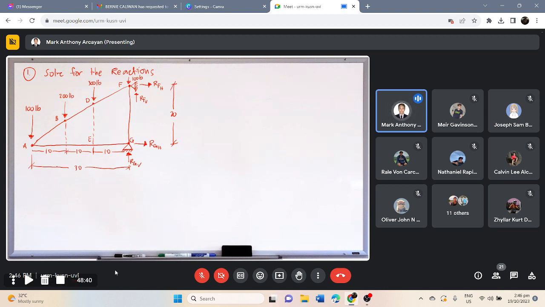We are going to use the three equilibrium equations, no? Summation of forces vertical, summation of forces horizontal, and summation of moment. First, summation of forces vertical is equal to 0.